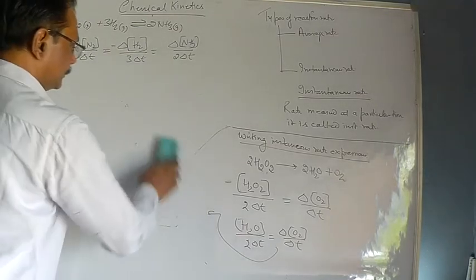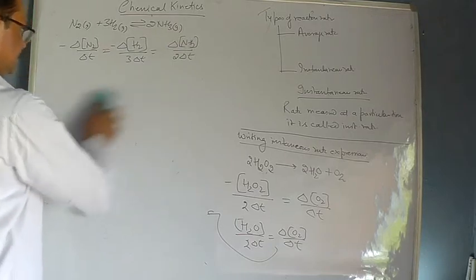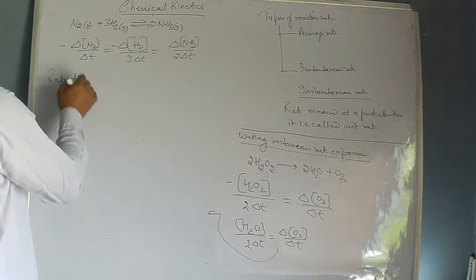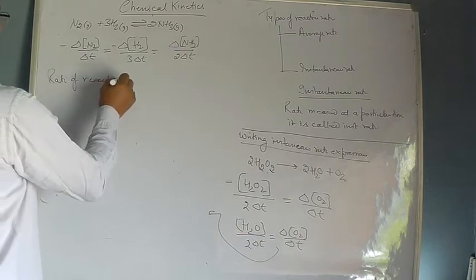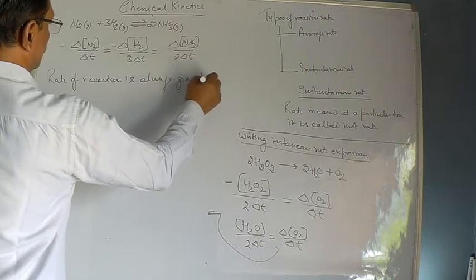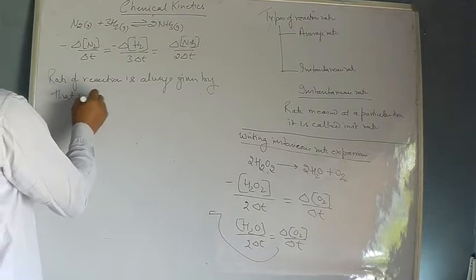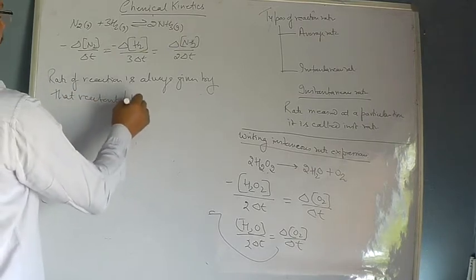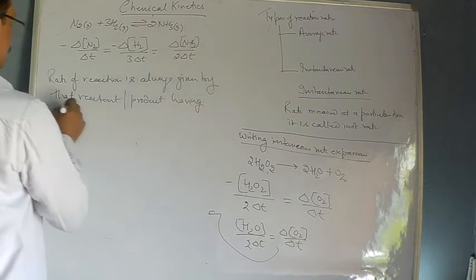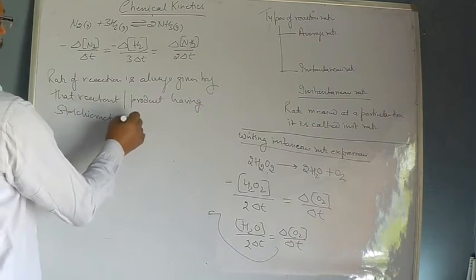And class, a very important point to remember: rate of reaction is always given by that reactant or product having stoichiometry unity.